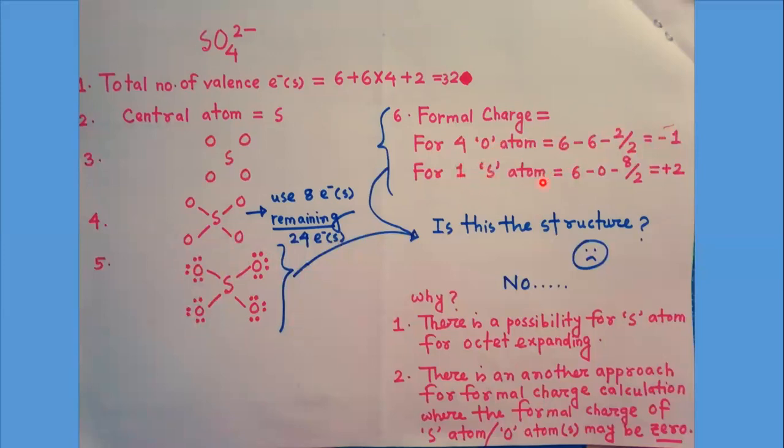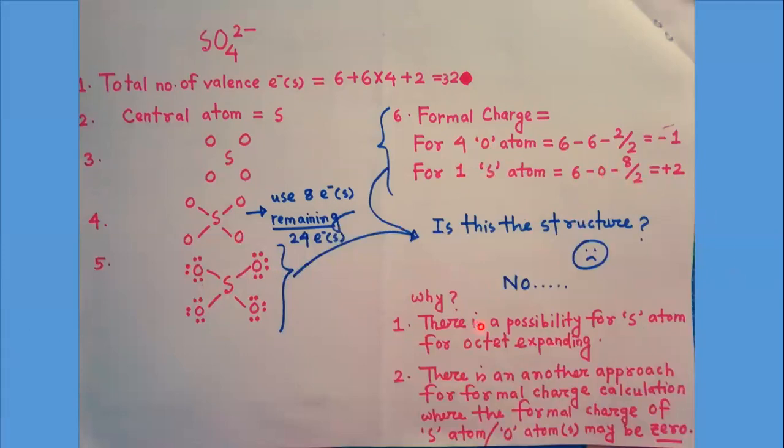For sulfur atom, there are 6 valence electrons in the outer shell of sulfur. So 6 electrons, which is valence electrons, minus. As there are no lone pair or non-bonding electrons here, the number of lone pair or non-bonding electrons is 0.